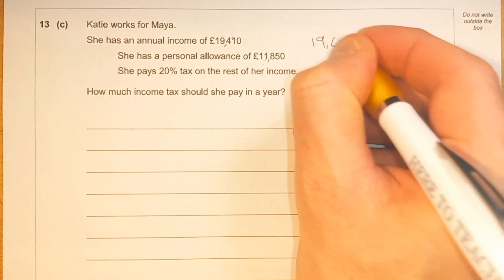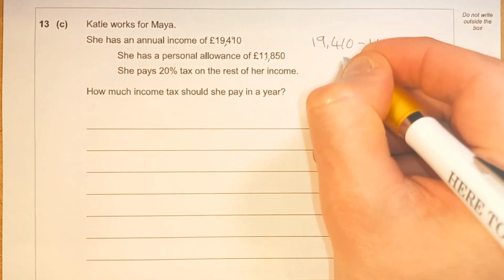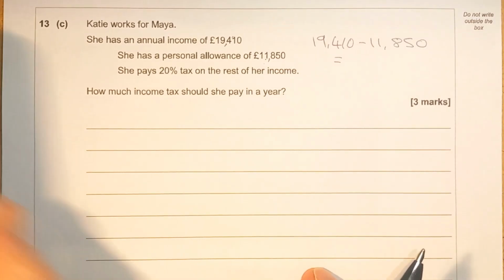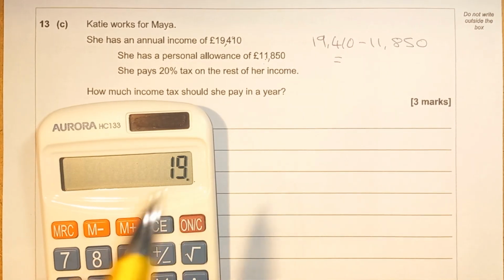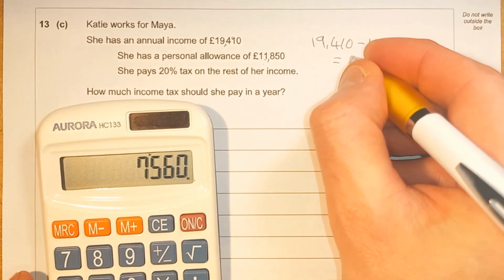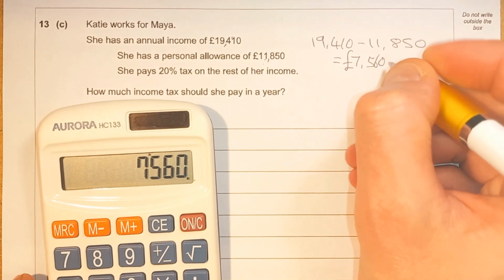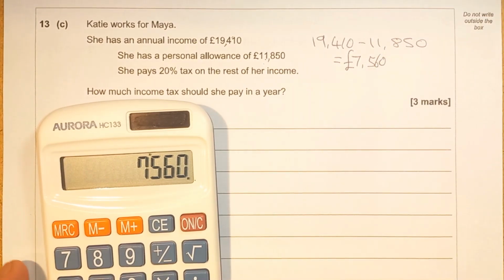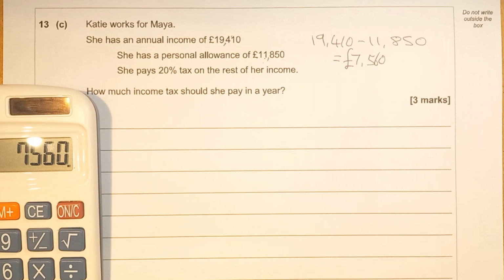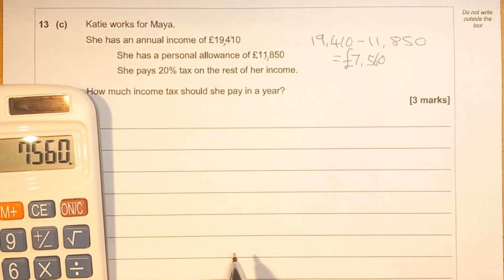So let's do 19,410 minus 11,850. Okay, so she's only paying tax on £7,560. Okay, and the amount of tax she's paying, well, she's paying 20% tax of that.